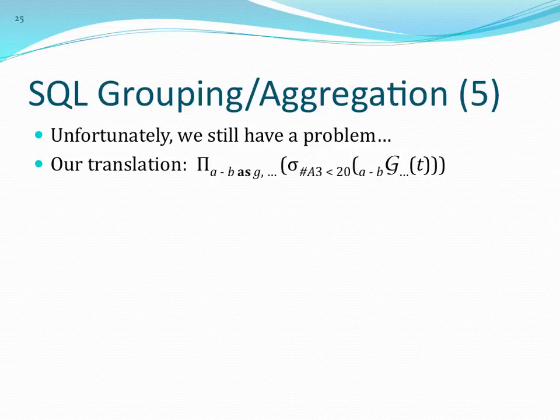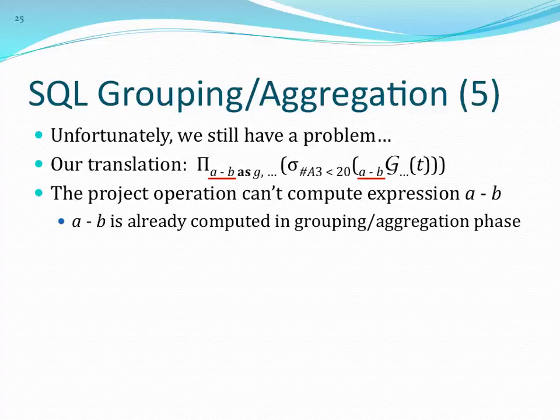It doesn't, right? It produces a computed result that is A minus B. And then we project, in the generalized project, this expression A minus B as G. This is still sloppy. This is playing fast and loose with the translation. This is actually not allowed. Which is gross.